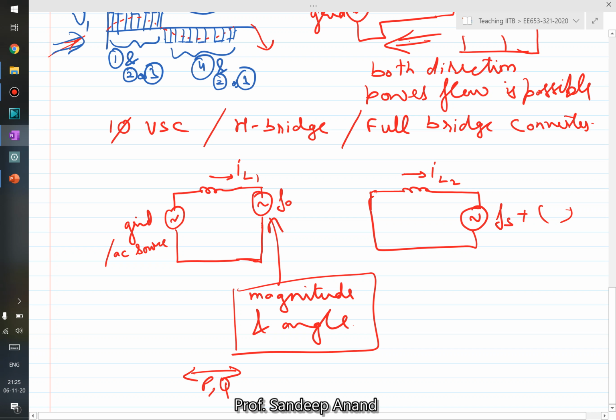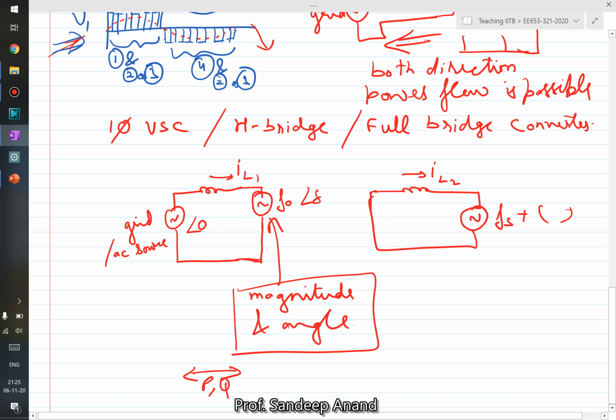This is the basic two source, or rather two bus, connected through a line scenario, where you have two voltage sources. Let's say one is at an angle 0, the other one is at an angle of delta, with different magnitudes and the current flowing through the interconnected line.